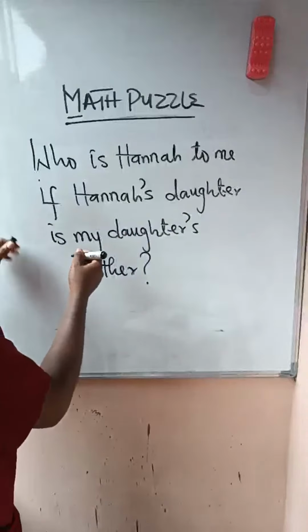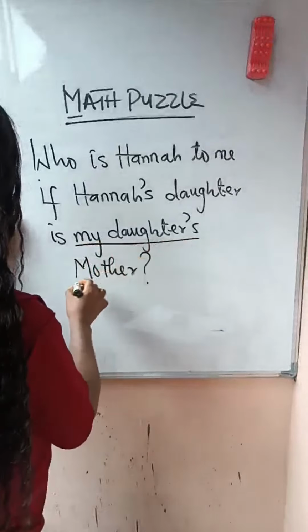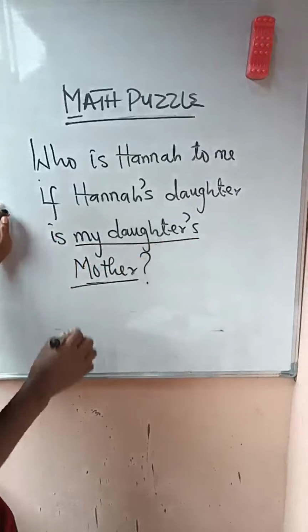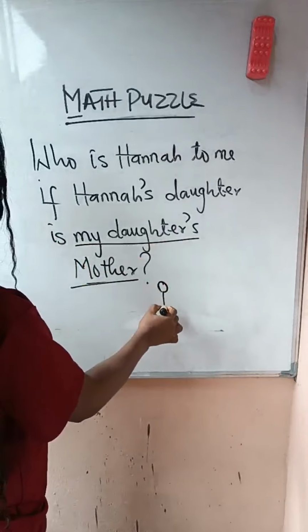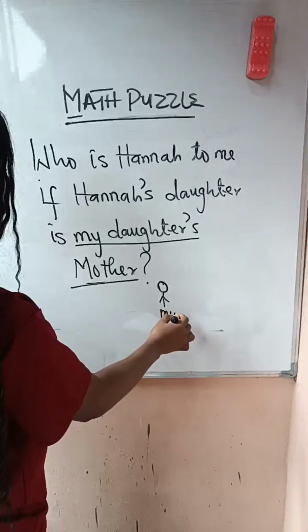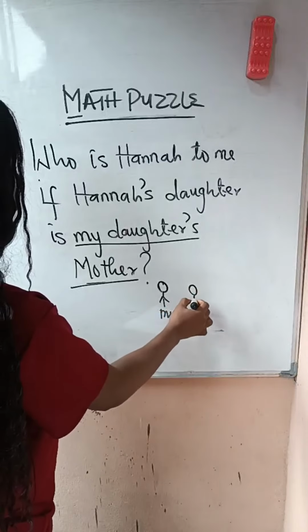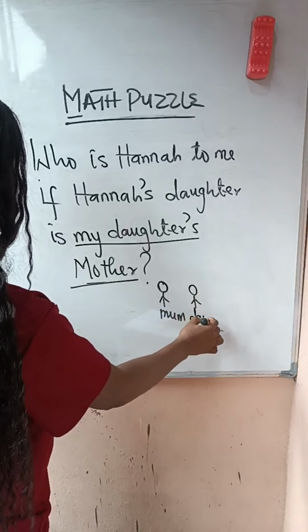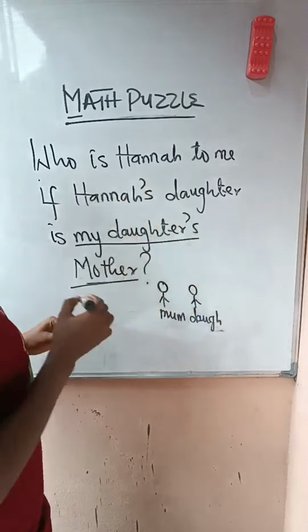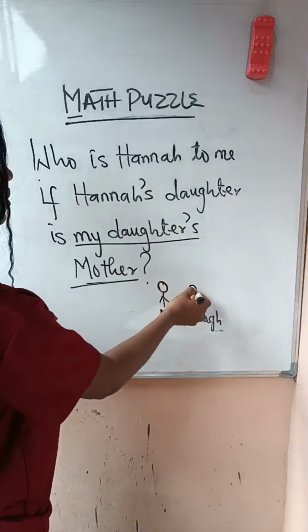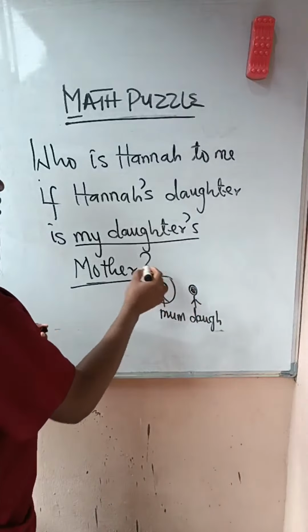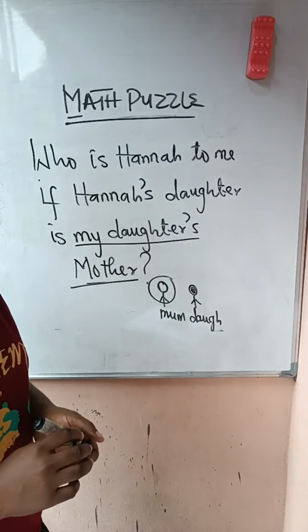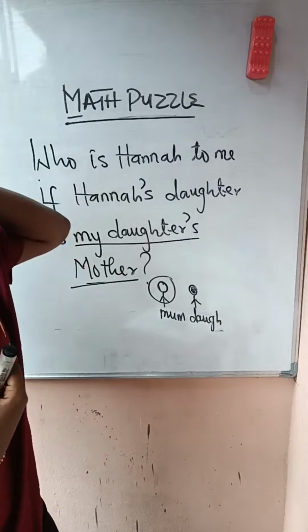Let's concentrate on this, my daughter's mother. Now, I, as a woman, if I have a daughter, this is me, the mom, and this is my daughter. My daughter will have no other mother except me. There is only one mother that my daughter can have, which is me, right?